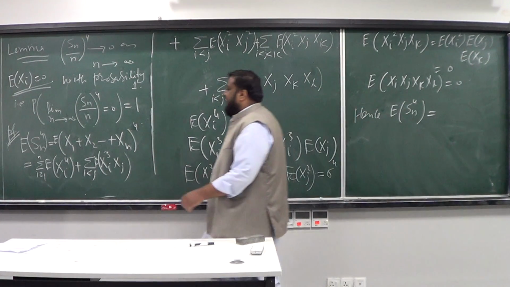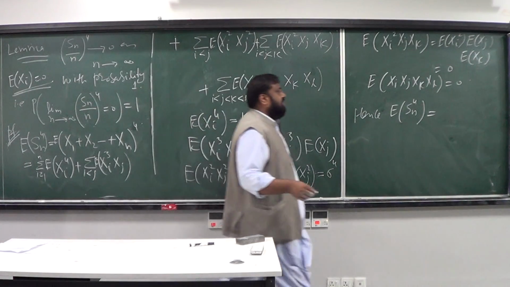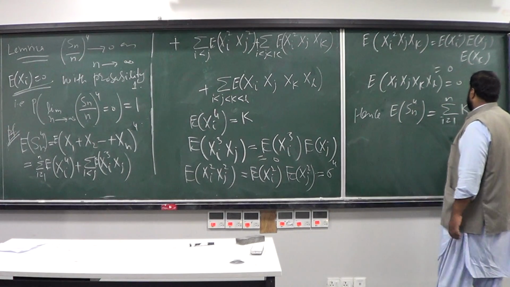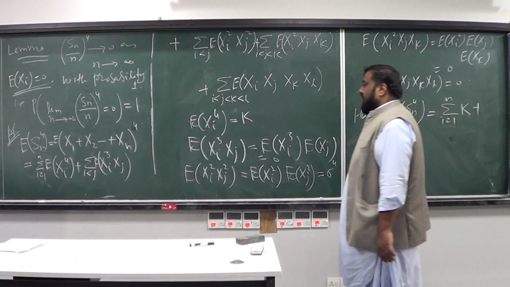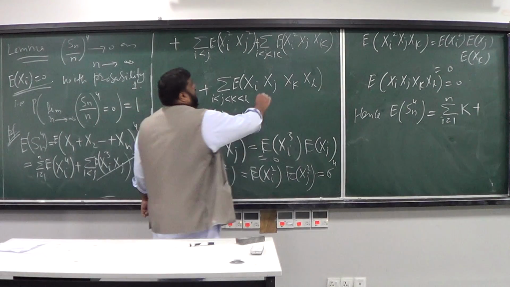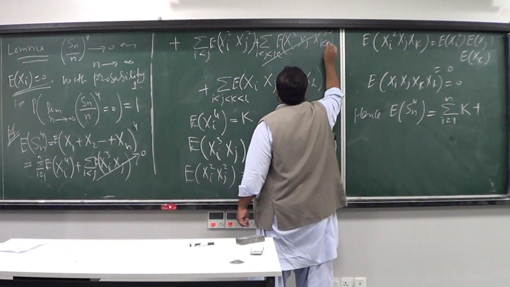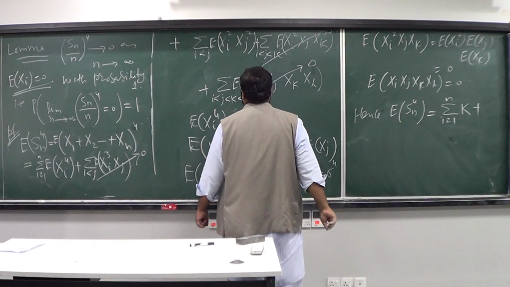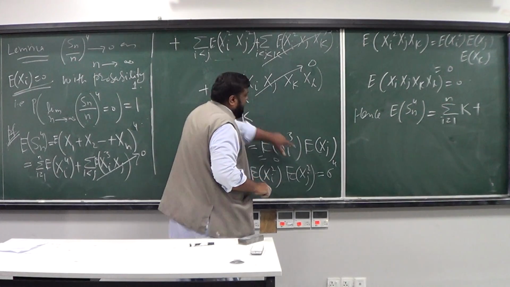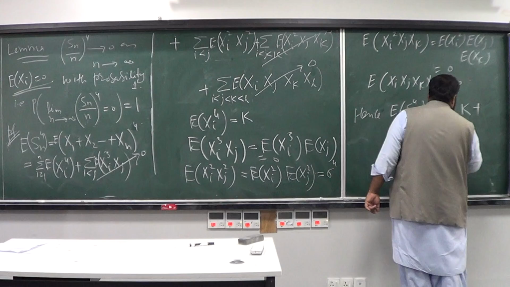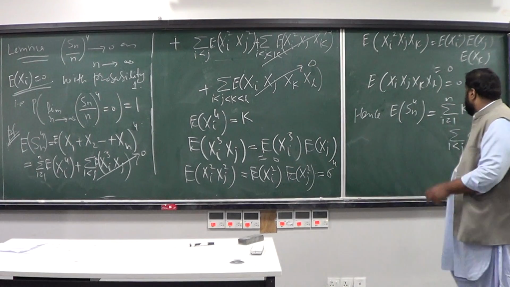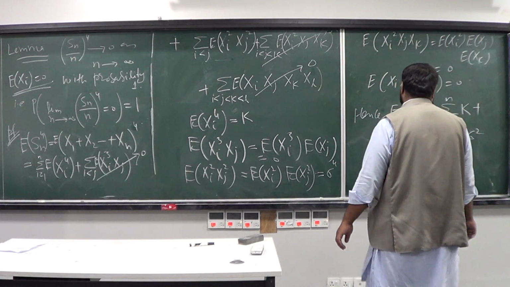The first term I know is k, so it is the sum where i goes from 1 to n of k, plus, this goes to 0, this term goes to 0, this term also goes to 0, and this term also goes to 0. So only this term survives, and for this I also know that it is equal to sigma power 4, so I have a double sum over i less than j of sigma power 4. Okay, this is what it is going to be.